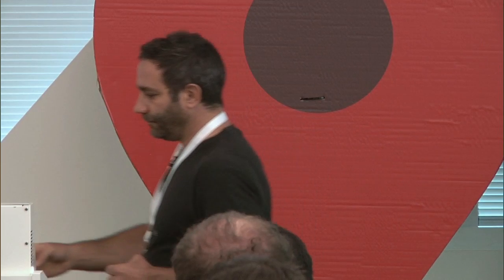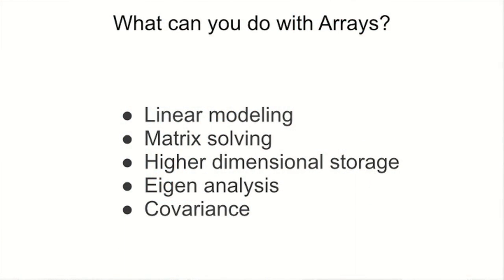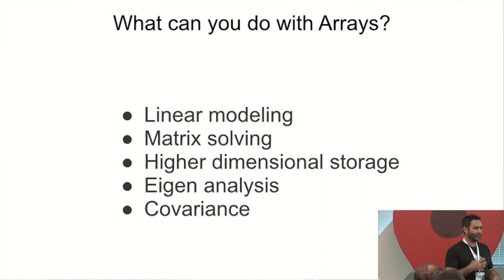And so arrays are one sort of remote part of the API that lets you do things that you can't do in any other part of the API. Things like linear modeling, solving matrices, storing higher dimensional things that are related to something in the real world, probably.